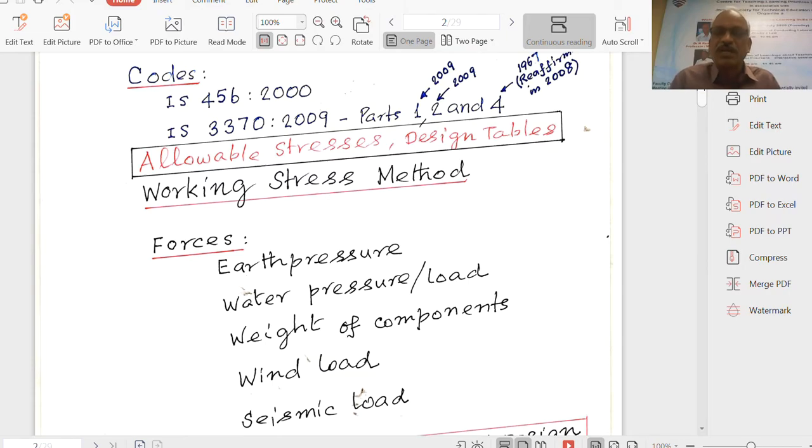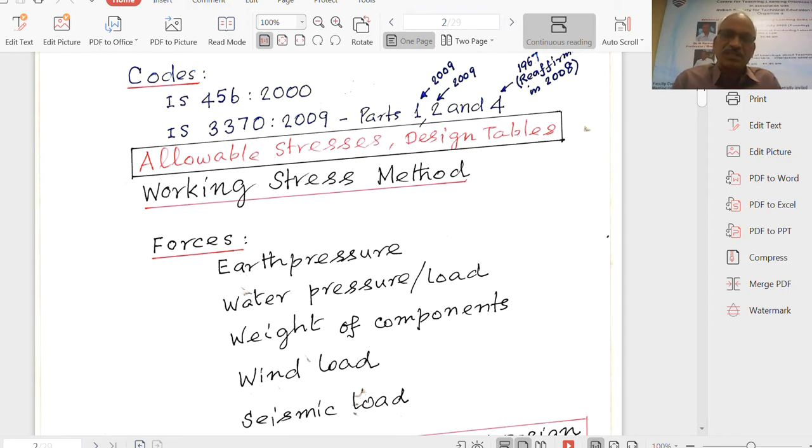Now here in the case of water tanks, in addition to the strength requirement, the water tanks will have to be watertight. Also, we are going to design some components based on cracking stress consideration. So, based on these things, the allowable stresses to be adopted for water tanks are different.